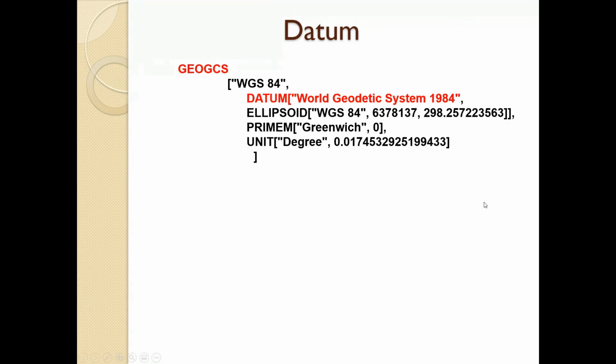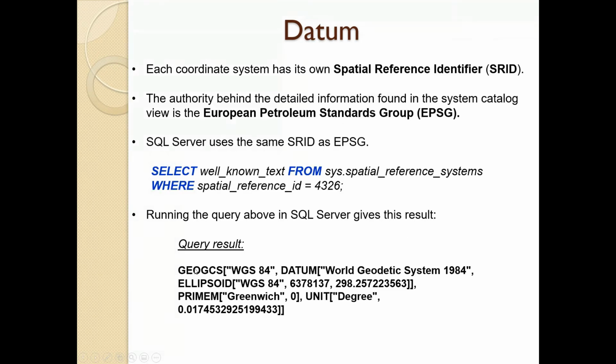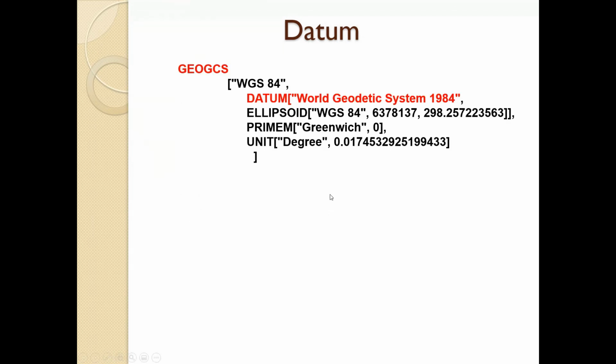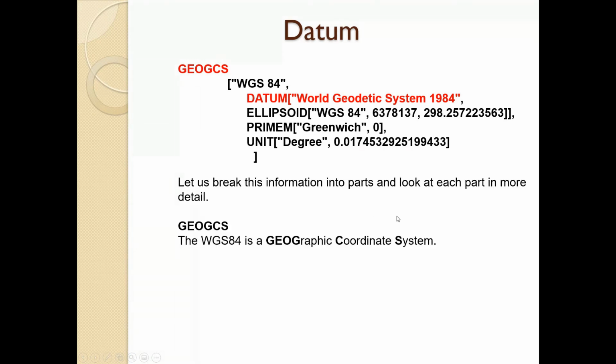So what we're going to do now is look a little closer at this. What does this mean? Well, this is the result from that well-known text. When you run that, you're going to get this. So what does this mean? Well, the GEOGCS just stands for Geographic Coordinate System.